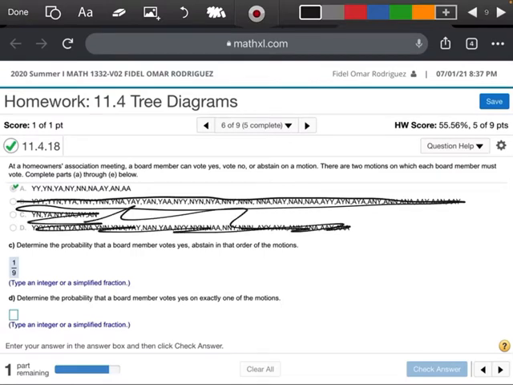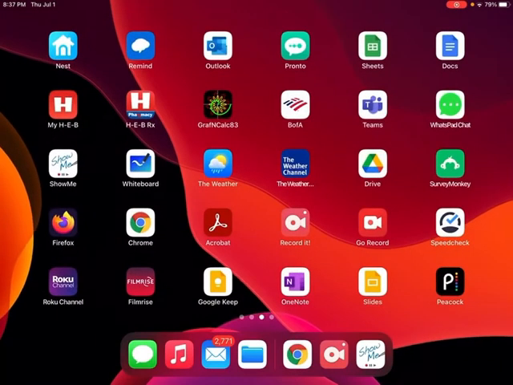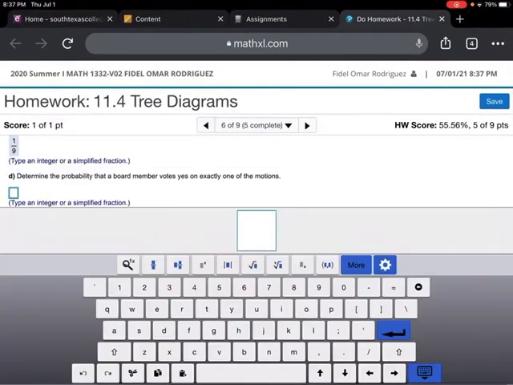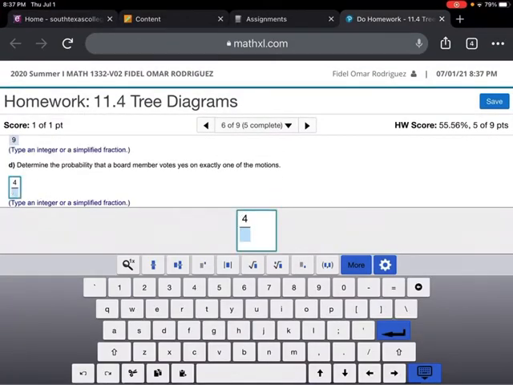So now the question says, determine the probability that a board member votes yes on exactly one. So exactly one would be not the first one because that has 2. But this one does. That has a yes. That has a yes. And that has a yes. So that's 4 out of the 9, right? So when I come back over here on part D, I'm going to select 4 over 9, okay?